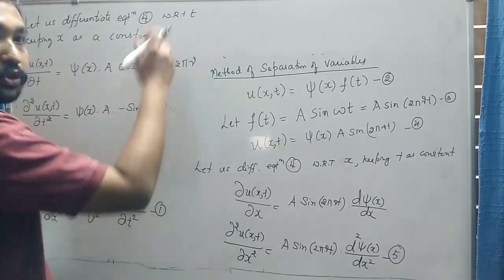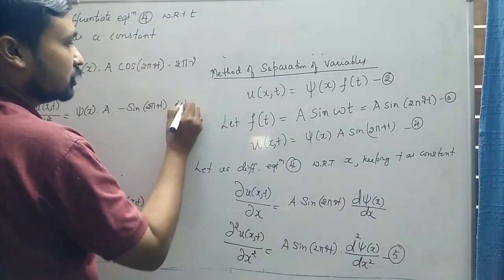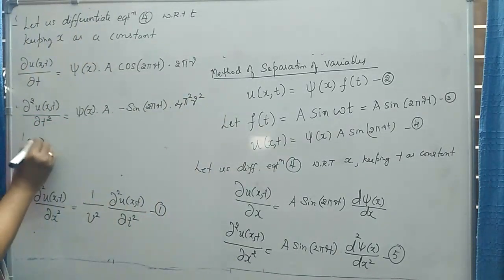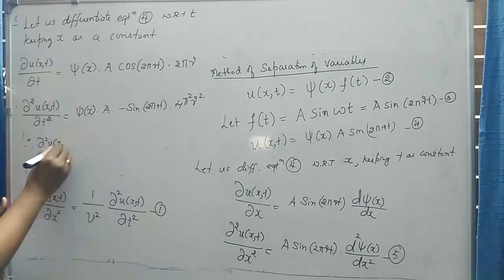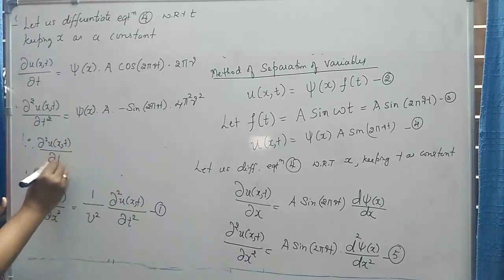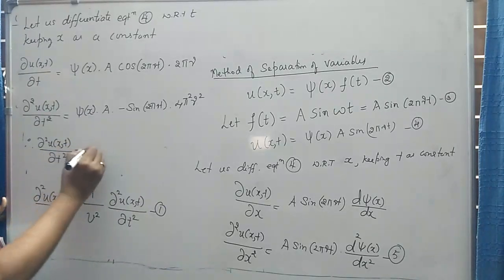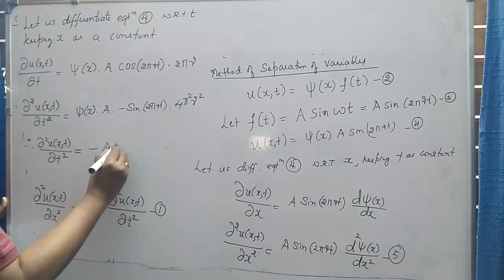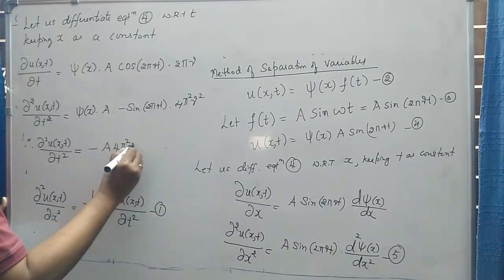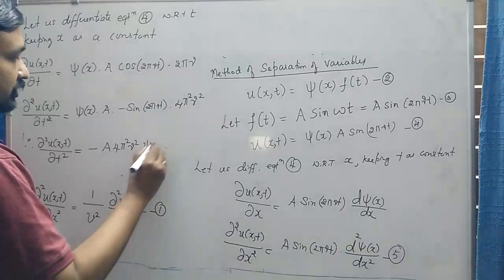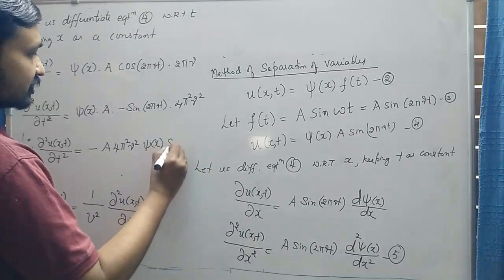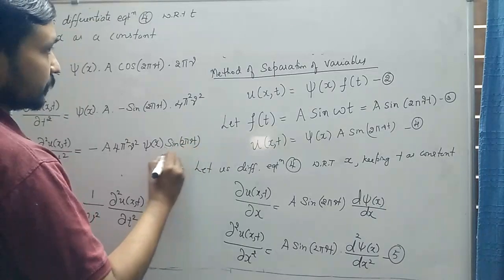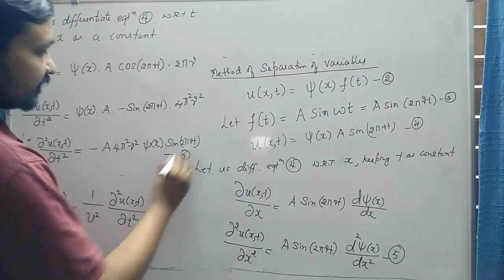So it becomes 2πν into 2πν, that is 4π²ν². Therefore ∂²u(x,t)/∂t² is equal to minus a into 4π²ν² into ψ(x) into sine 2πνt. Let us take it as equation 6.